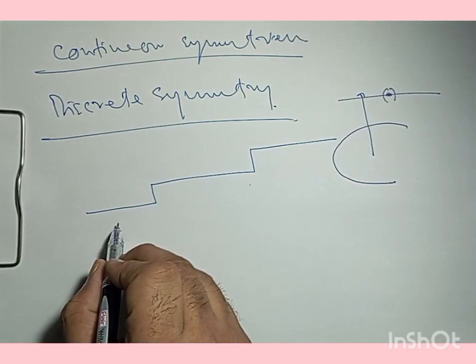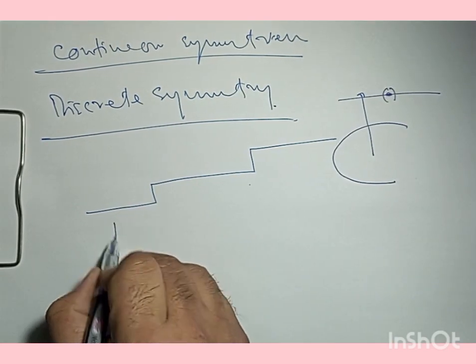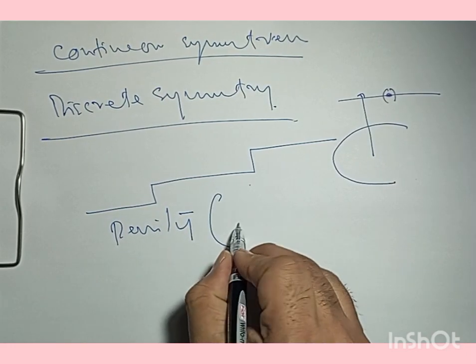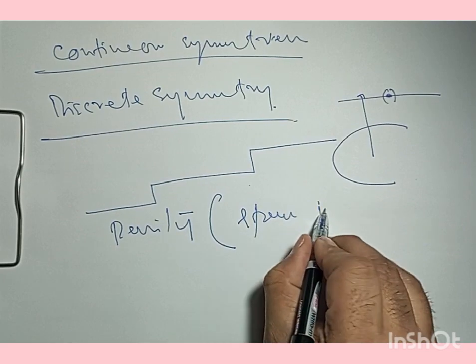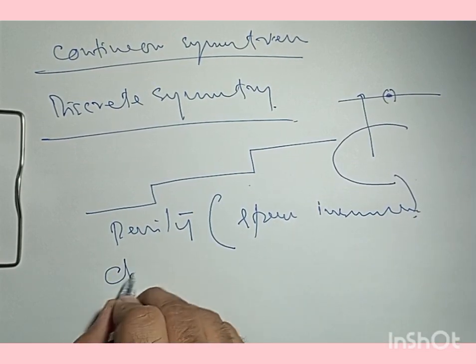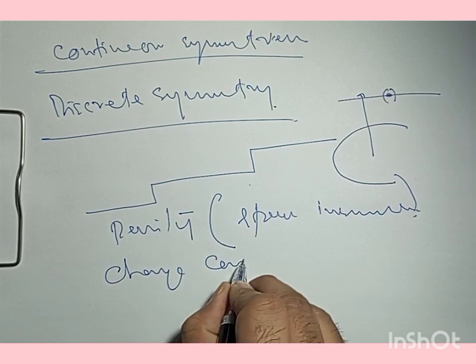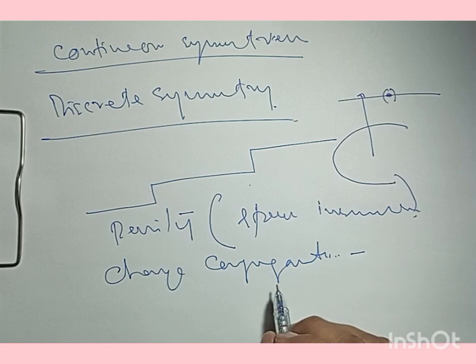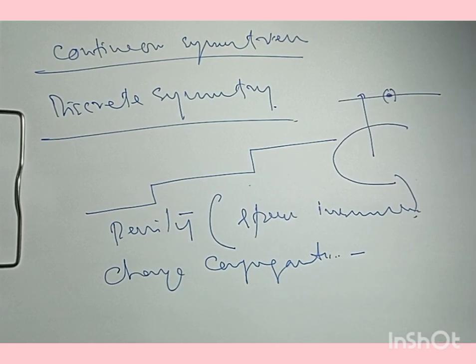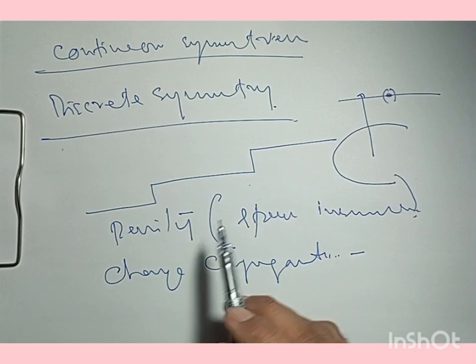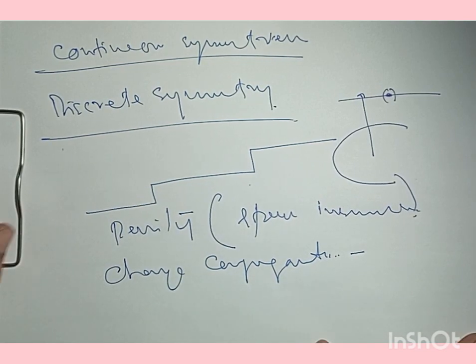For example, we can have parity, where we have space inversion, and we can talk about charge conjugation and time reversal. So these are the examples where we have discrete symmetries involved. This was a small introduction to symmetries.